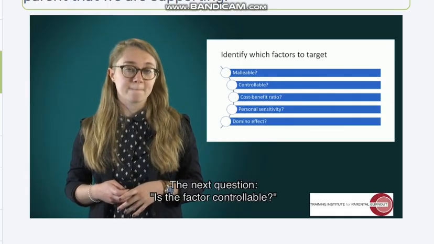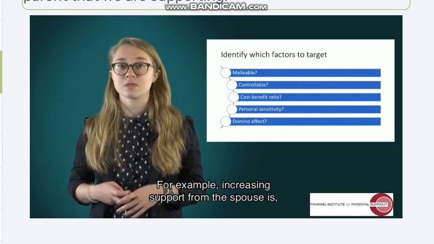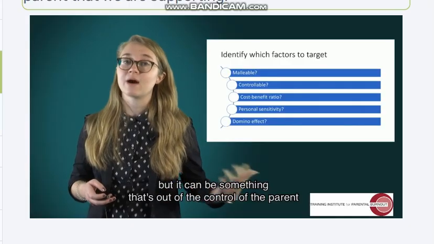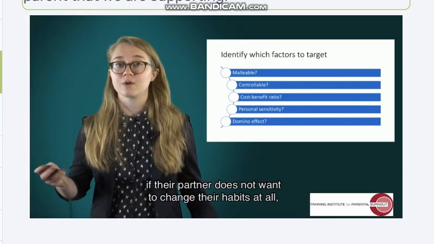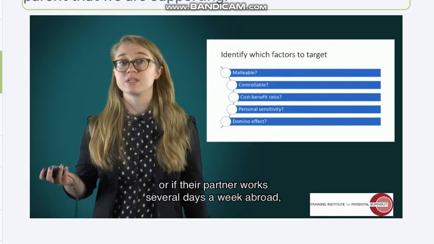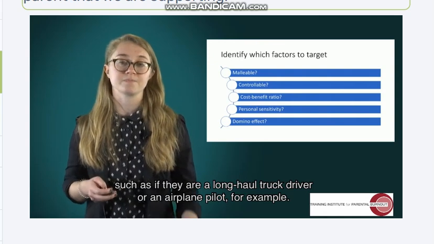The next question, is the factor controllable? For example, increasing support from the spouse is at first glance a malleable factor, but it can be something that's out of the control of the parent if their partner does not want to change their habits at all, or if their partner works several days a week abroad, such as if they're a long-haul truck driver or an airplane pilot, for example.